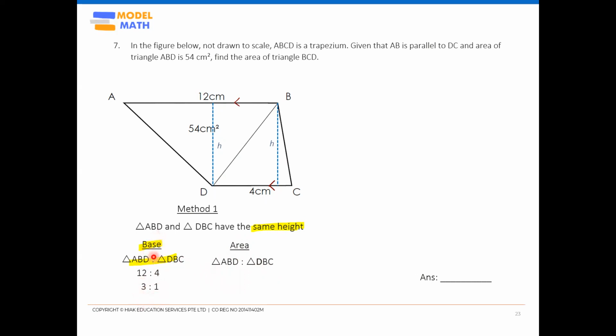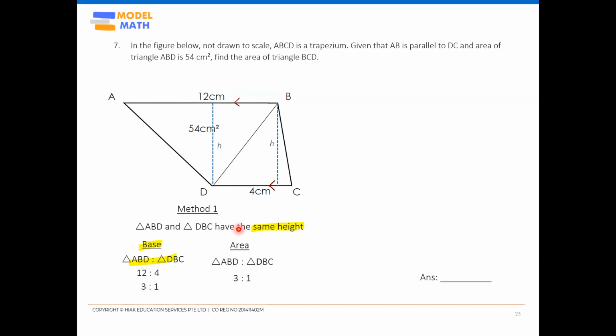So if the base ratio is 3:1, my area ratio will likewise also be 3:1. Why does this happen? Because both triangles share the same height, the height does not matter in the differences between the areas. The area difference is now dependent on the base difference. It's no longer dependent on the height, because they both share the same height.